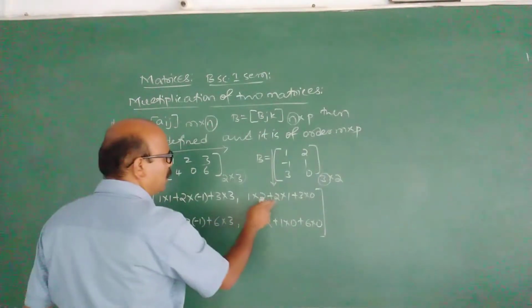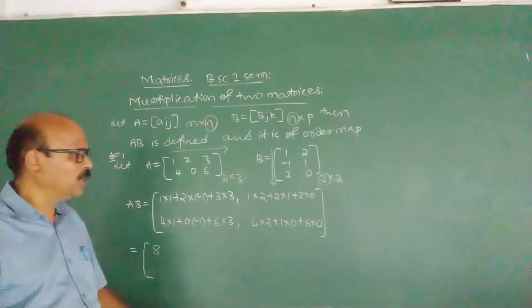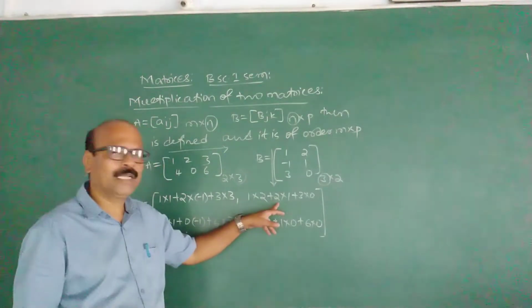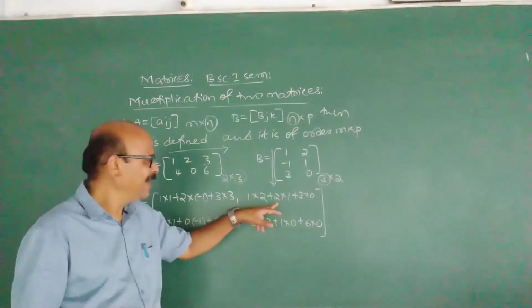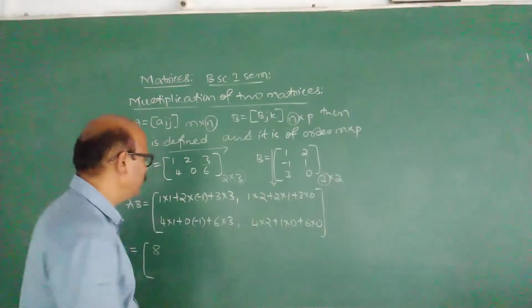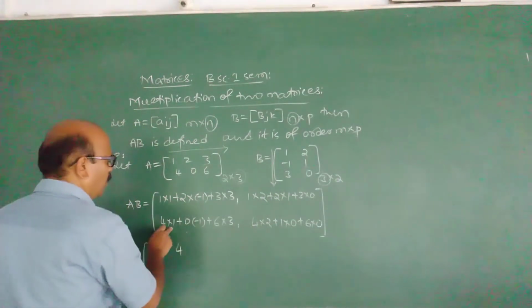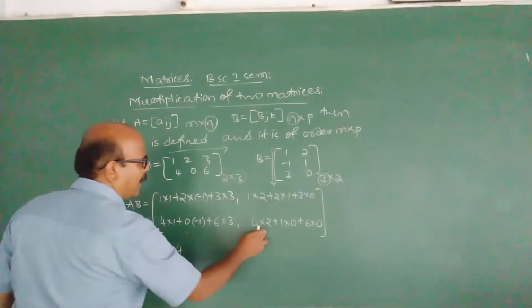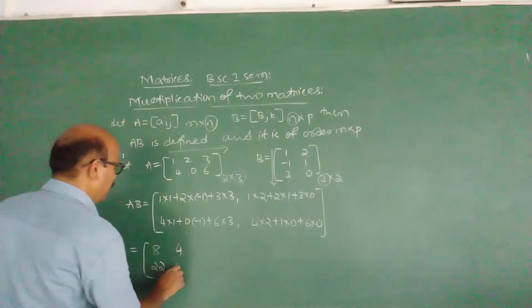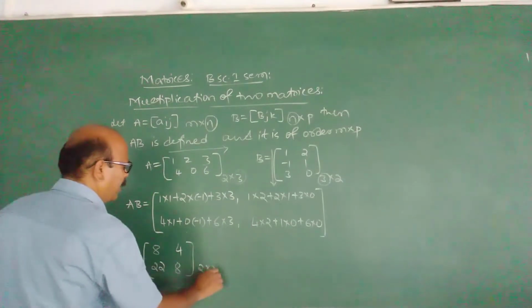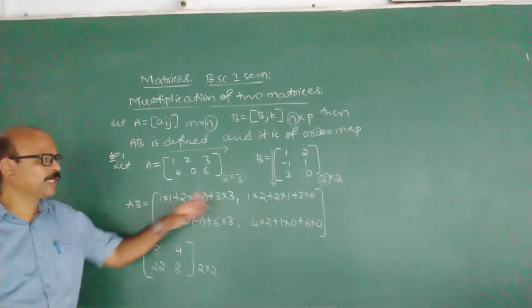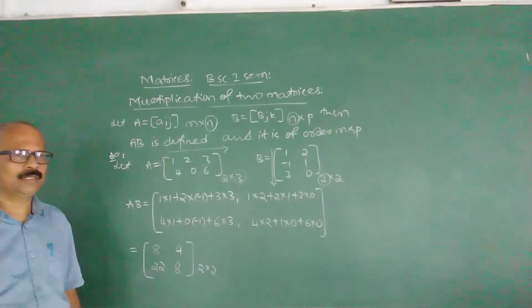Only numerical calculations, if I go wrong, you have to get it correct. 2 plus 2, 4. 4 plus 18, 22. 8, 0, 8. See this 2 by 2 matrix. Thus AB is defined. The product of the matrix is defined like this.